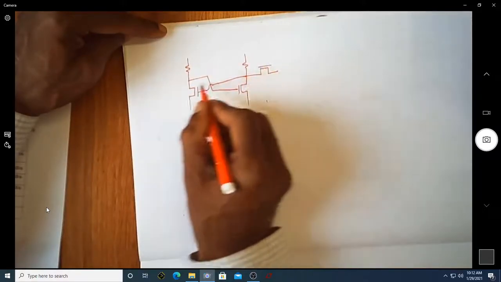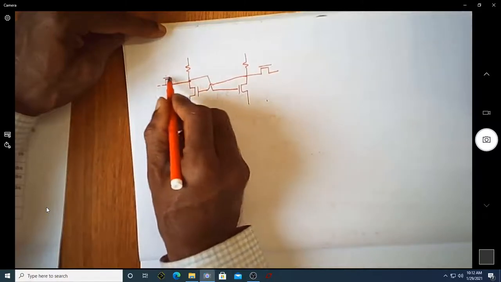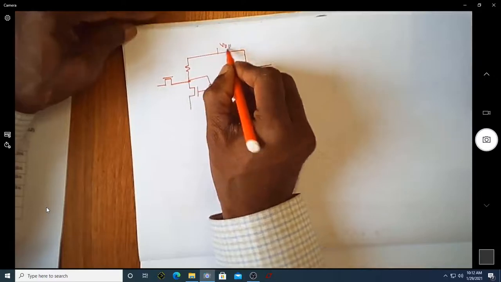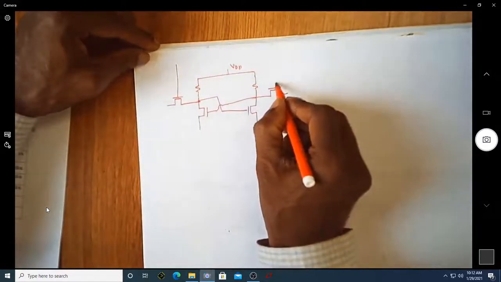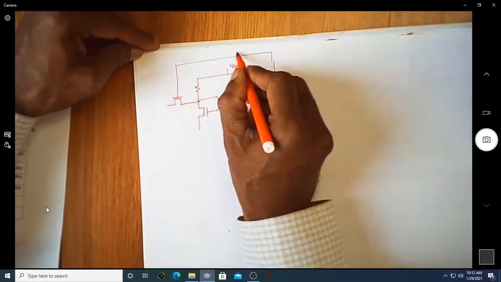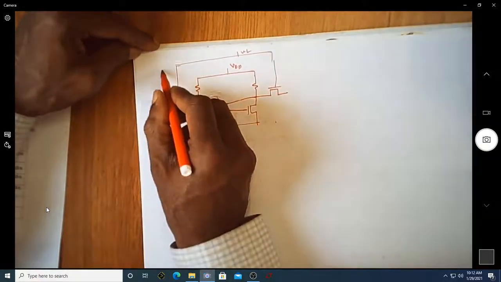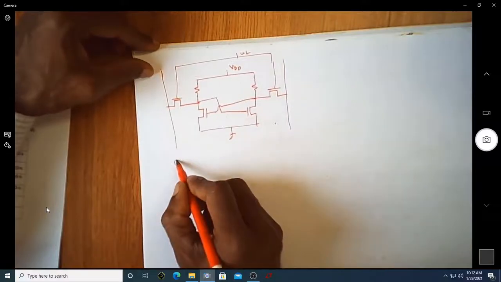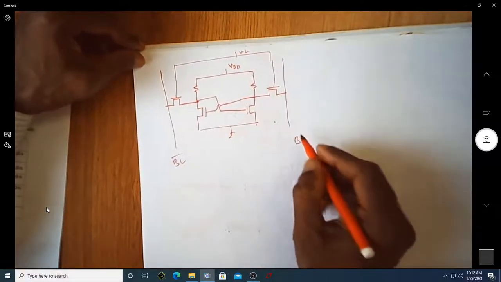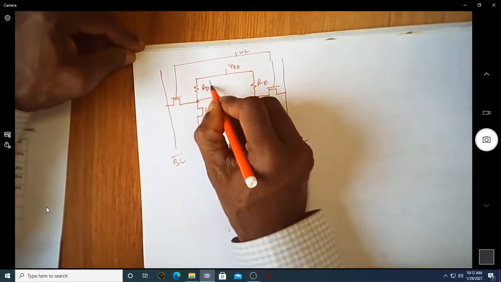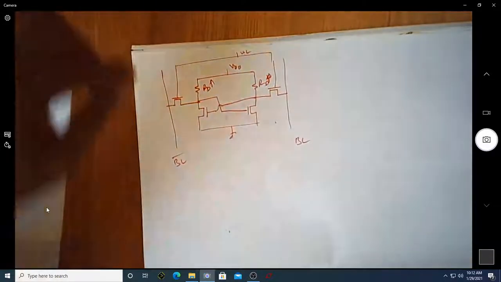The advantage of this is VDD, and this is similar to that. This is your word line. This you can ground, and this is your bit line bar, and this is your bit line. So this is RD, this is also RD. You keep the resistances very high.